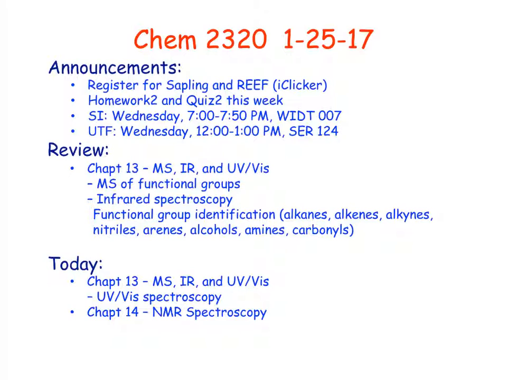In this chapter we've talked about mass spectrometry and infrared spectroscopy, and we've seen a few examples, not a ton so far, of both. Let's stop talking, please. Today we're going to finish off this chapter with the last technique, ultraviolet-visible spectroscopy.